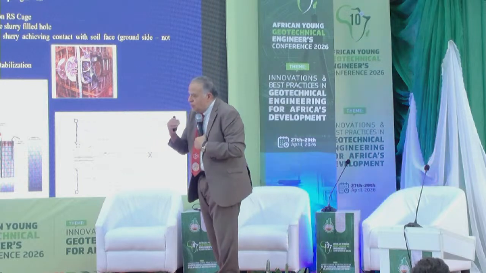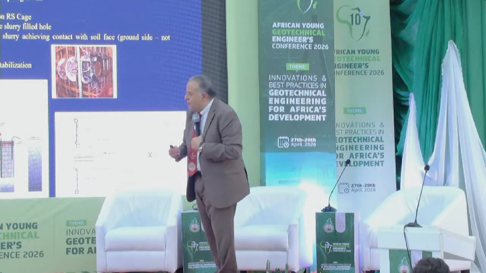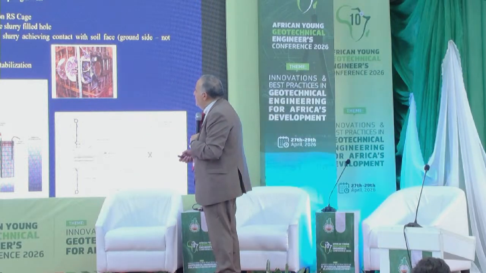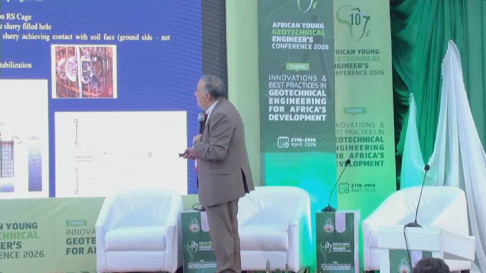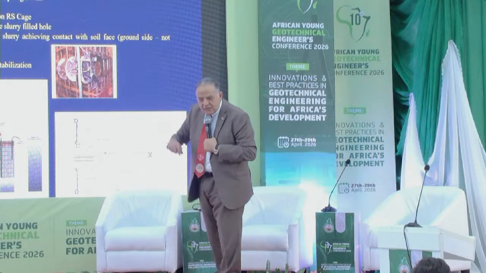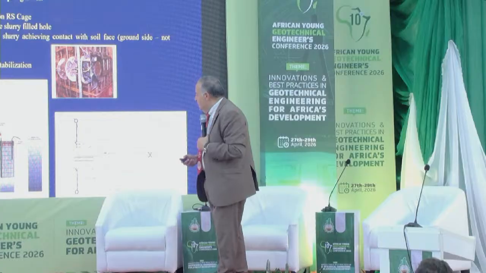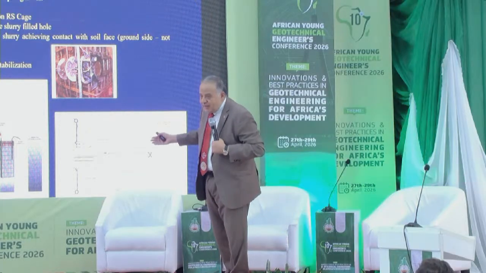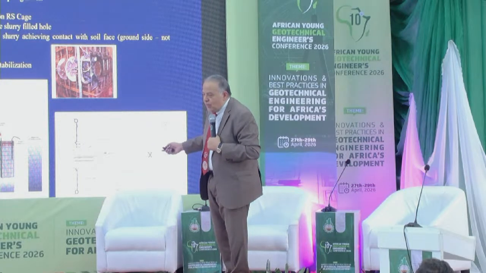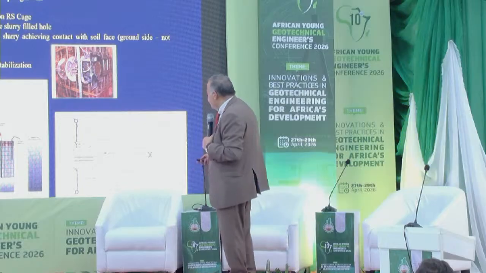Make sure that you push a little bit to have contact between the soil and the cell, and then pour concrete, and then the concrete will be curing, and then after that it has to stabilize, and I'll show you how the reading will be.